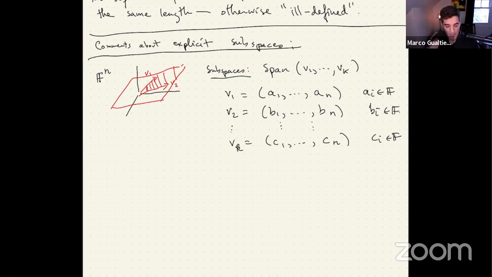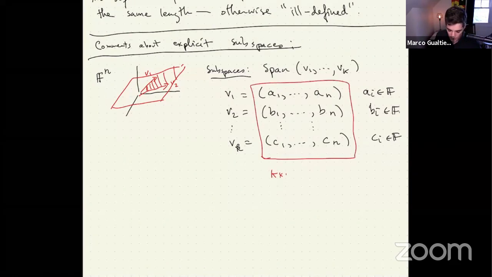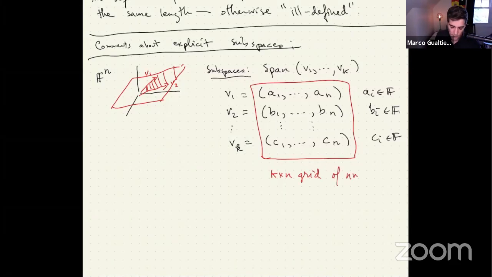If I have that information, then you can take the span of those vectors, and you will get a linear subspace. So you can see how the data determines that. So just a k by n grid or matrix of numbers. We're going to get to this in great detail later.